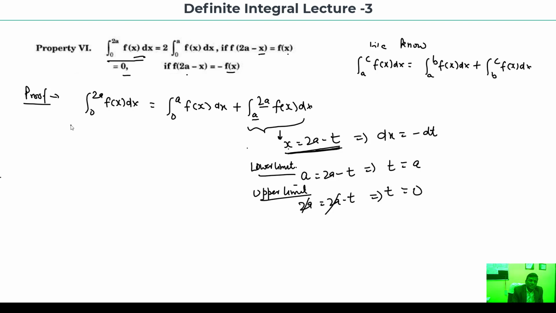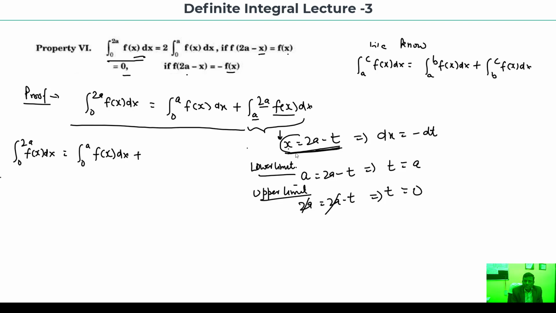So this whole thing becomes the integral from 0 to 2a of f(x) dx is equal to the integral from 0 to a of f(x) dx plus, in place of x, 2a minus t, f(2a minus t), and in place of dx, minus dt.